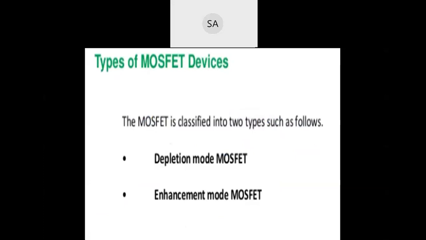So the MOSFET is classified into two types: depletion MOSFET and enhancement MOSFET. So what is enhancement mode MOSFET?